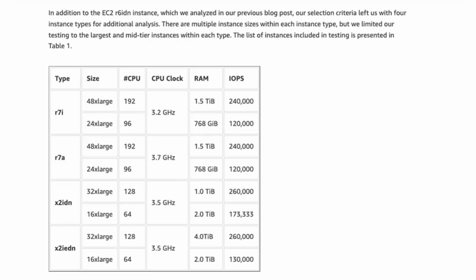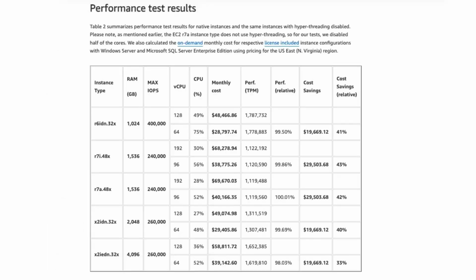This change means that you can reduce the vCPU count that Microsoft bills against while keeping the instance memory and IOPS unchanged. For example, an R7i 8xlarge running Windows and SQL Server normally exposes 32 vCPUs. By turning off hyperthreading, you can drop that to 16 vCPUs while retaining the same GB of memory and the IOPS, effectively cutting the licensing cost in half.